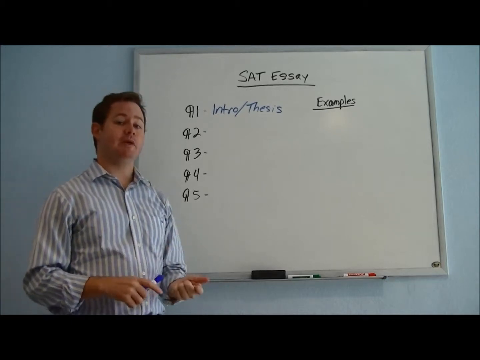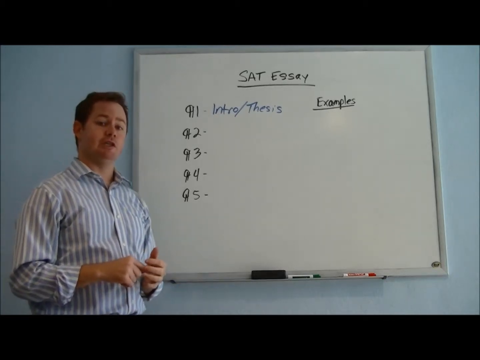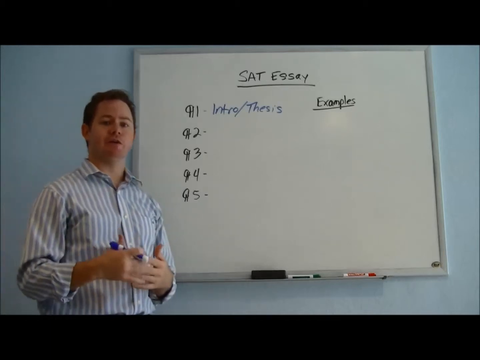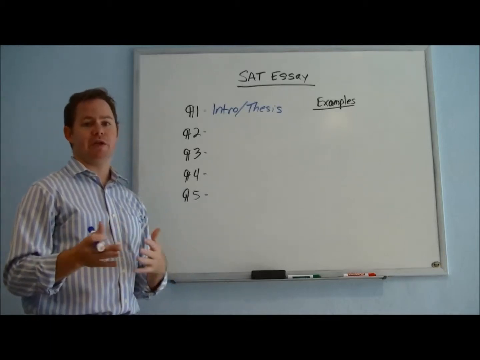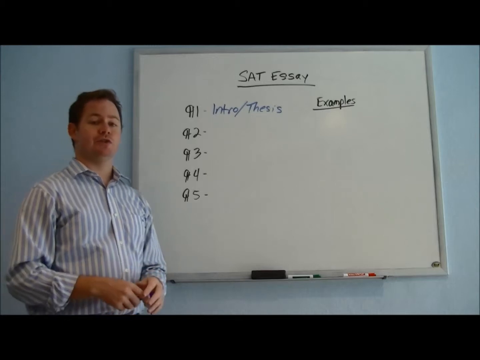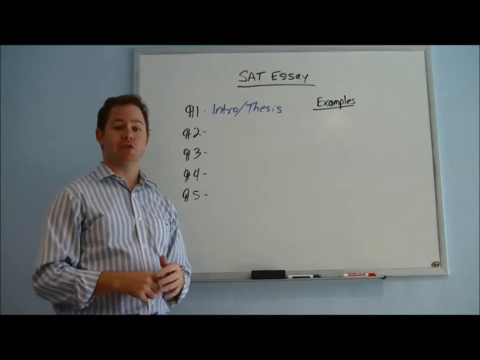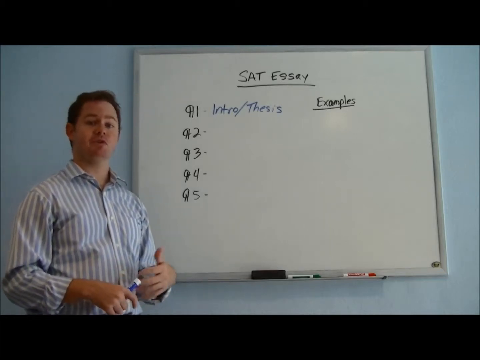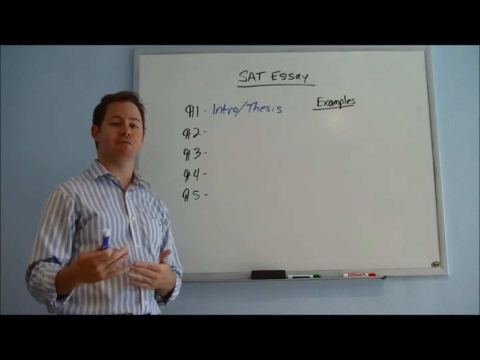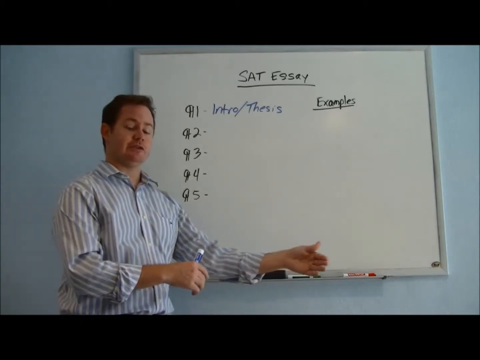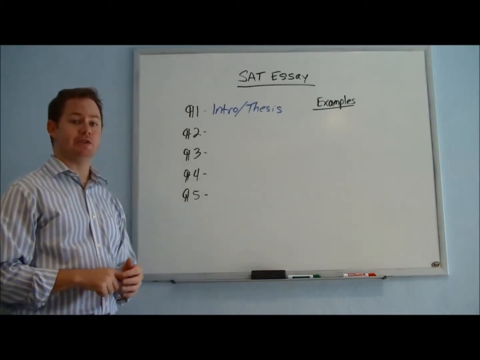You can even pick a middle-of-the-road position, like "it depends." You just want to make sure that you're very clear about the criteria of what it depends on. So for example, if a prompt said that it is important to challenge people in positions of authority, and you said sometimes we should and sometimes we shouldn't, you want to talk about why it's one way in certain cases and the other way in other instances.